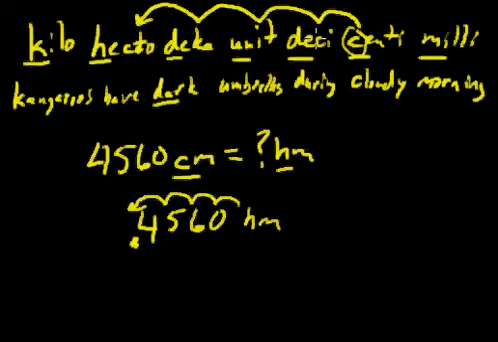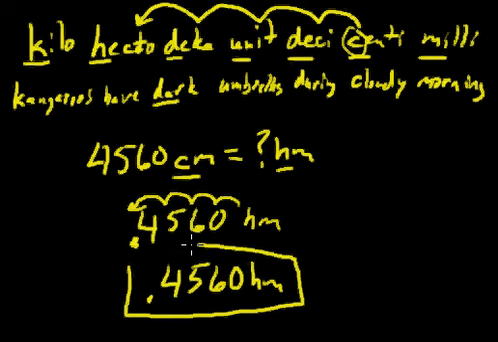So from centi to deci, we move the decimal over 1 place, and we have decimeters. We move the decimal over again, and we have just meters. We move the decimal again, we have decameters. We move the decimal again, and we have hectometers. And so our final answer is 0.4560 hectometers. And we calculated that just by moving the decimal place, by realizing each prefix is a factor of 10, and each moving of the decimal is a factor of 10.